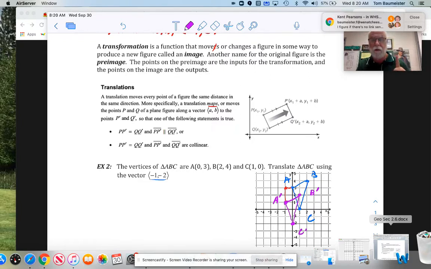But the key is to remember to call it primes. So like A prime, B prime, C prime. Okay? And then here I'll go ahead and tell you what the points were. A prime was (-1, 1). B prime was at (1, 2). And C prime was at (0, -2). Okay?